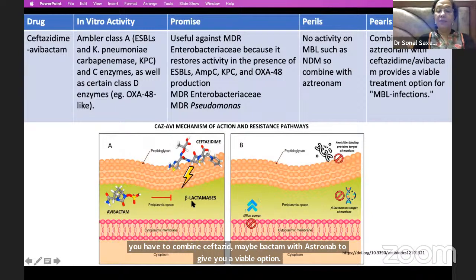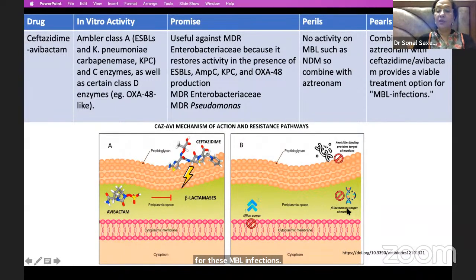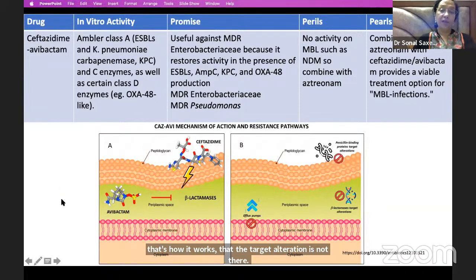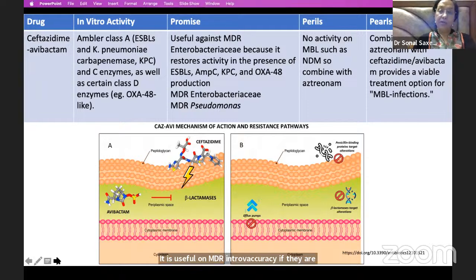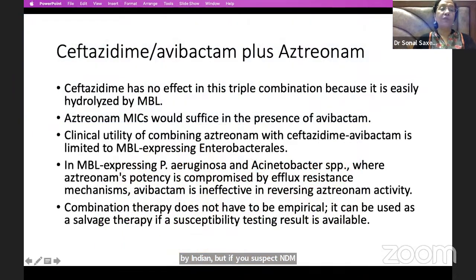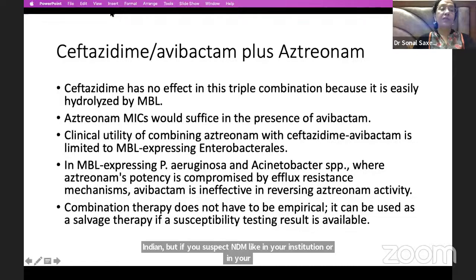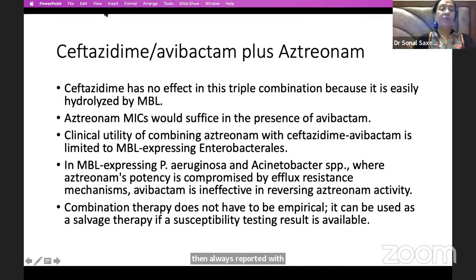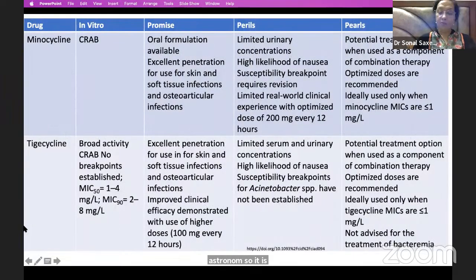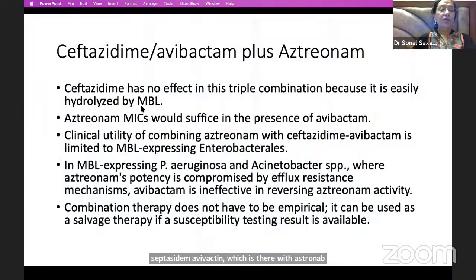Again, avibactam is a beta-lactamase inhibitor, and that's how it works, as the target alteration is not there. It is useful on MDR Enterobacteriaceae if they are not NDM. But if you suspect NDM, like in your institution, then always report it with aztreonam. So it is ceftazidime-avibactam which is given with aztreonam. Sorry. By itself, in this triple combination, ceftazidime has no effect.